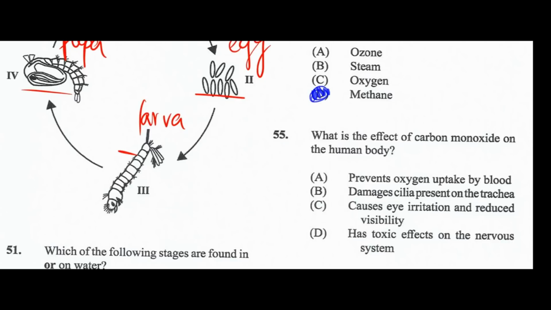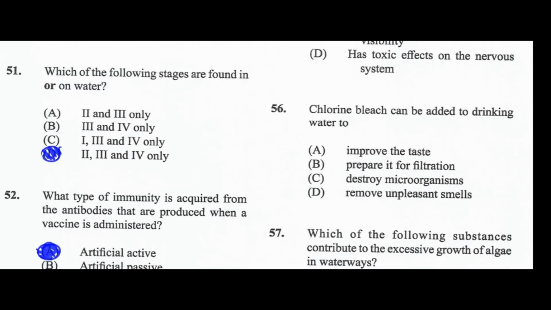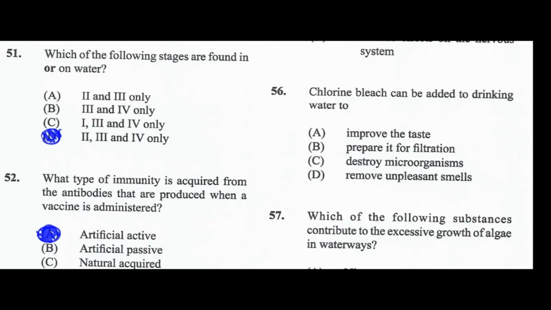Carbon monoxide actually suffocates you indirectly because it prevents the uptake of oxygen by the blood. But yeah, this is it. The others are no. Lead has a toxic effect on the nervous system, and any lethal metal actually.